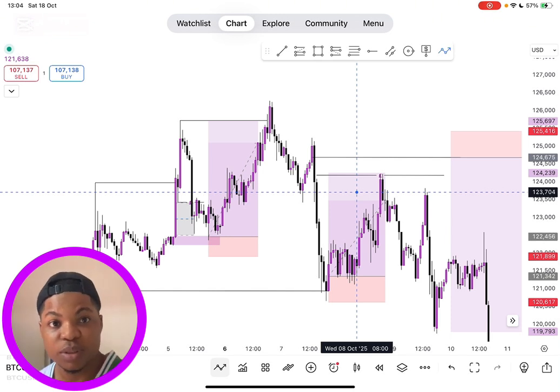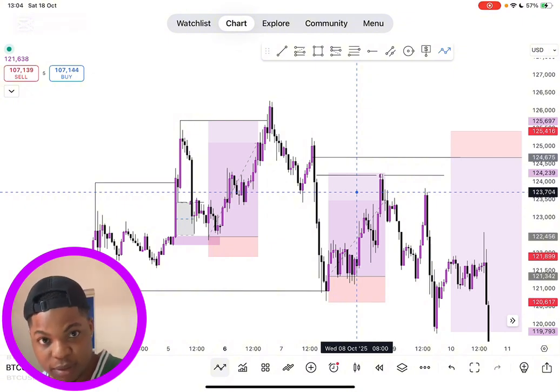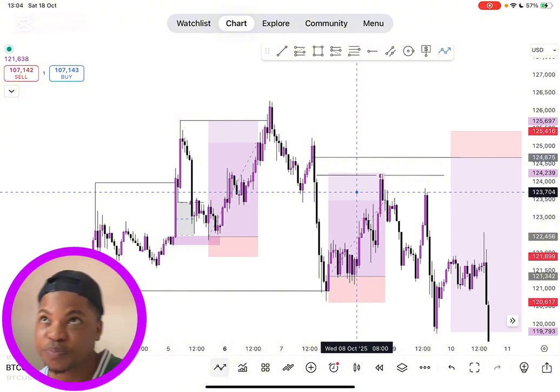You understand? But the certain thing here is that you don't learn anything from winning. Trust me, you learn nothing from winning trades. The lessons in this chart are from your losing trades. And why do I say so?